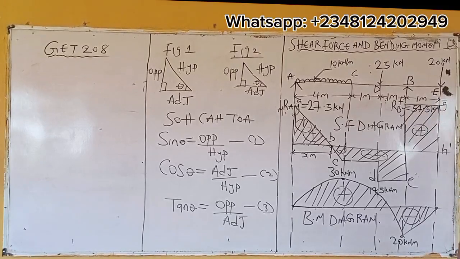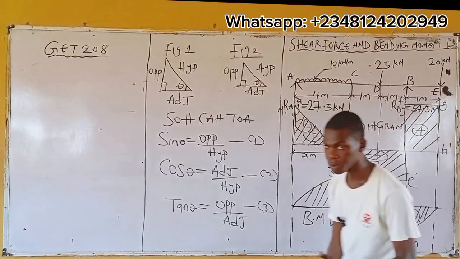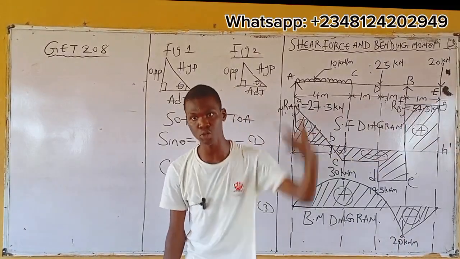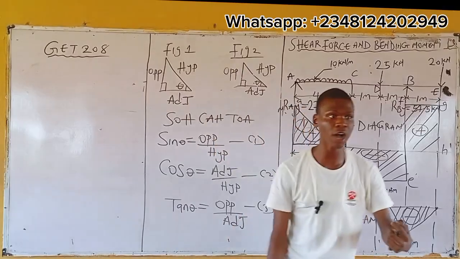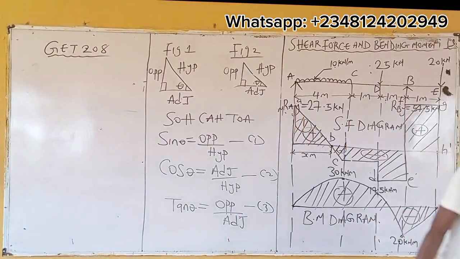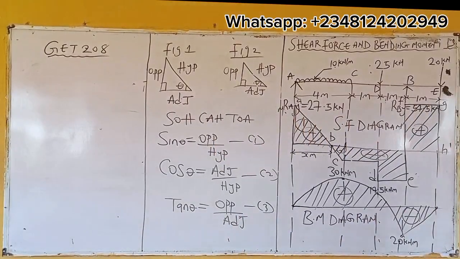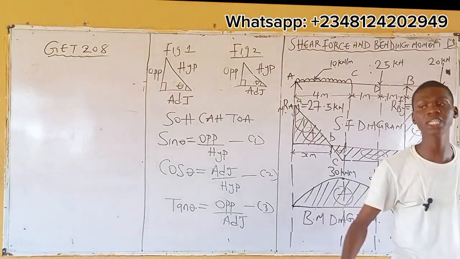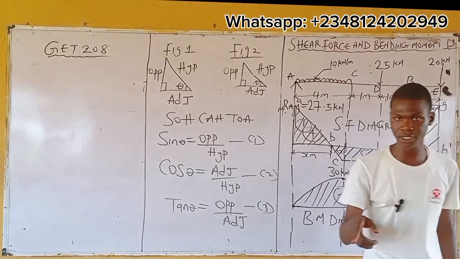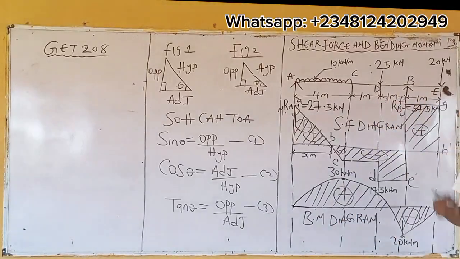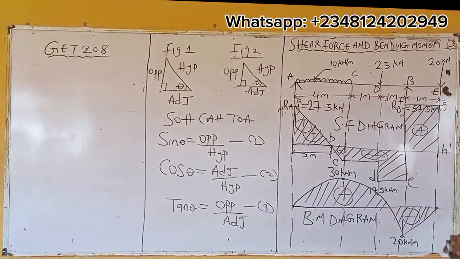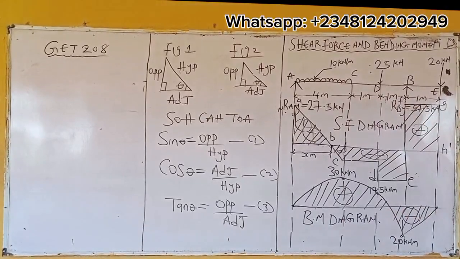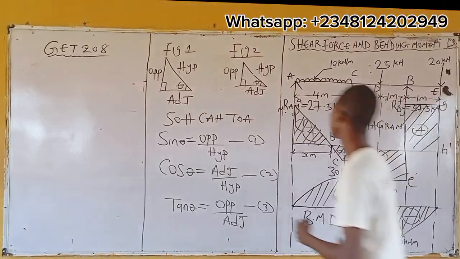Are you getting me at all? This is because your positive axis is going to cut the origin, meaning it is changing sign from positive to negative. And when it is changing sign from positive to negative, maximum bending moment has occurred. So also note that.